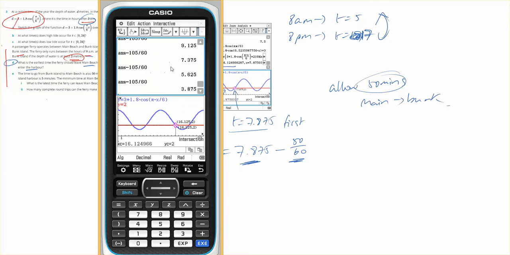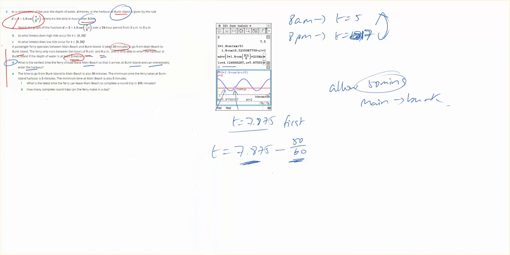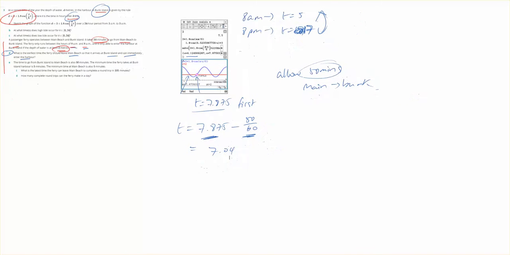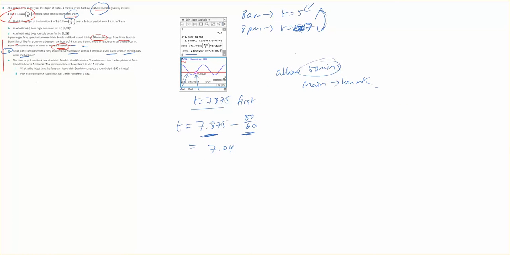So when I do that on my calculator, 7.875 minus 50 divided by 60, I get 7.04. So my t-value is 7.04. Now we know that 8 a.m. corresponds to t equals 5.